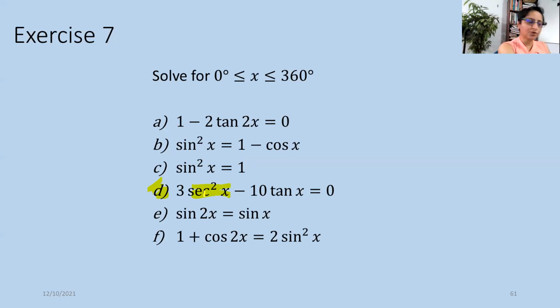Shall I let you do it? Three sec squared x minus 10 tan x equals 0.